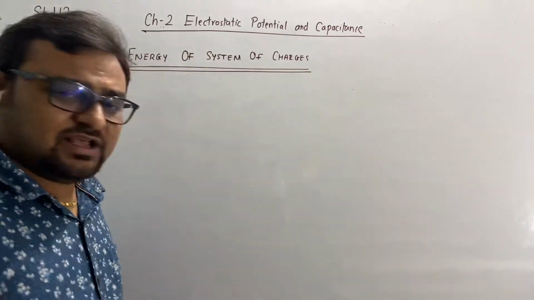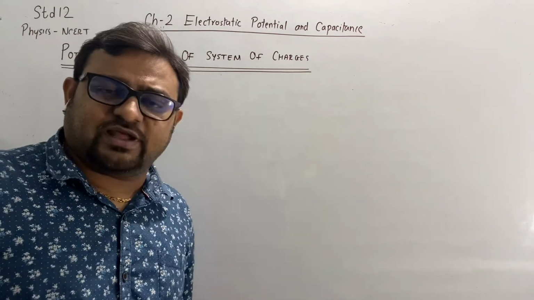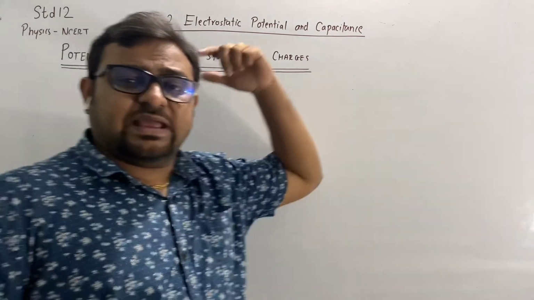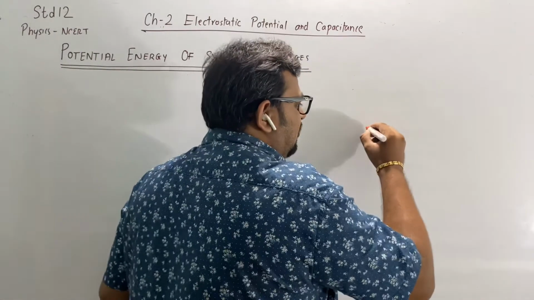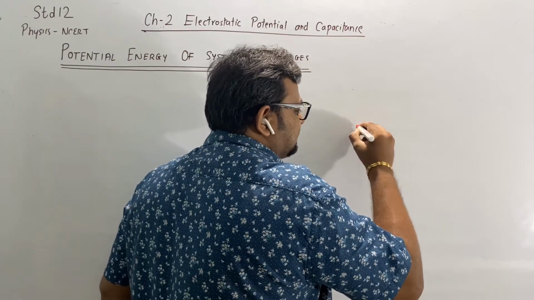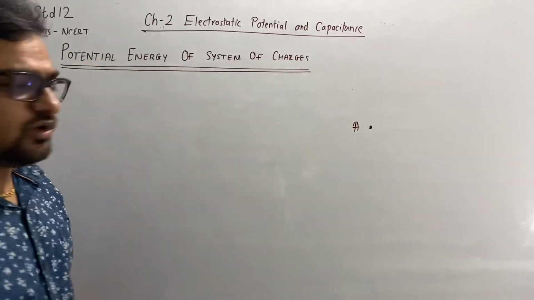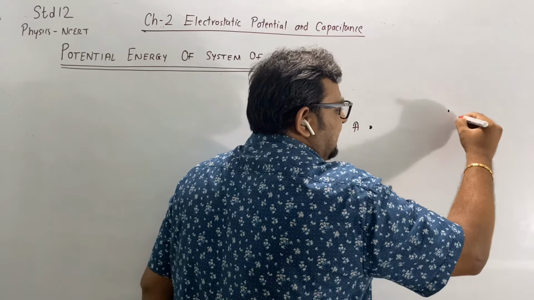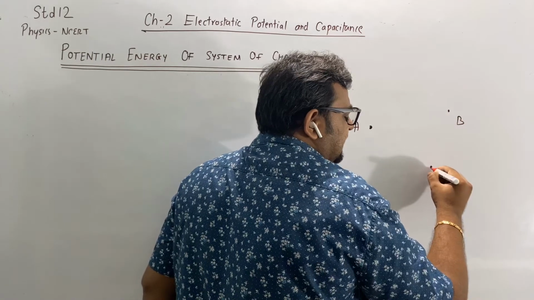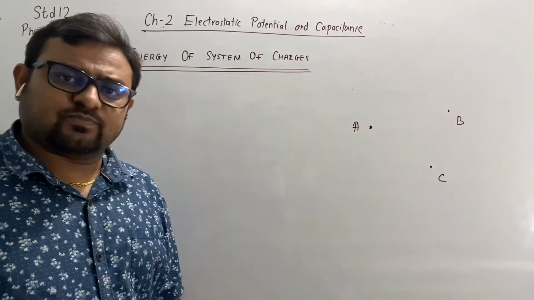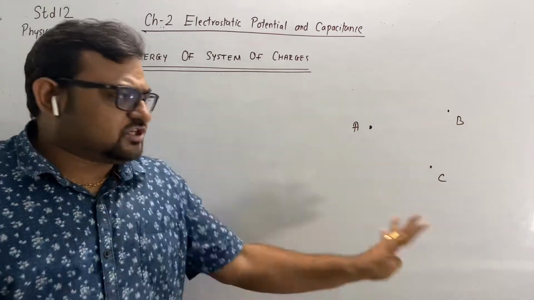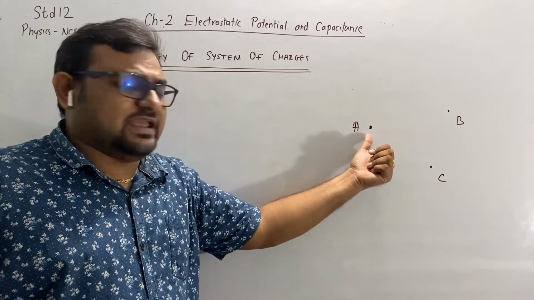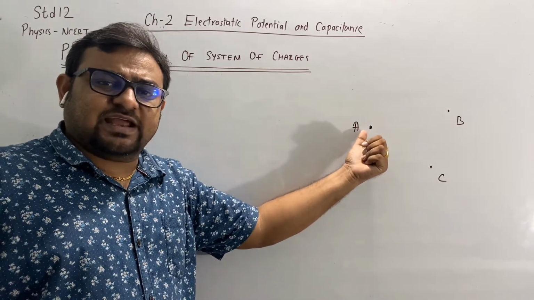So first, let's find the work done in bringing the charge Q1 from infinity to point A. At present, with points A, B, and C and no charges, what is the potential at A?